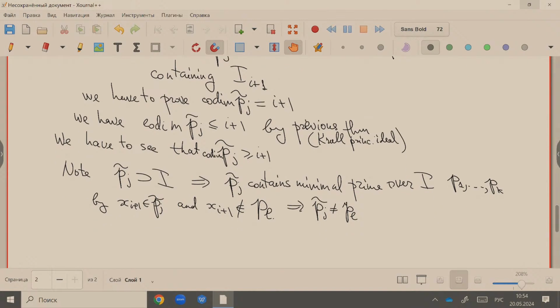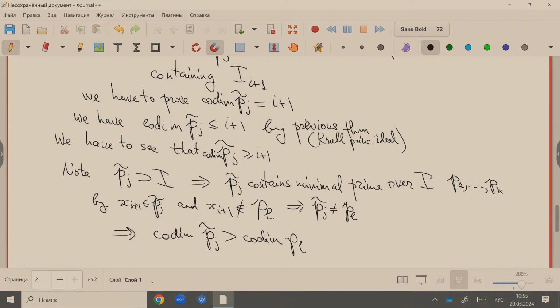Pj tilde contains them, so the codimension of Pj tilde is larger than the codimension of PL, and this is precisely the statement. So we will see the opposite equality. This gives you this term.